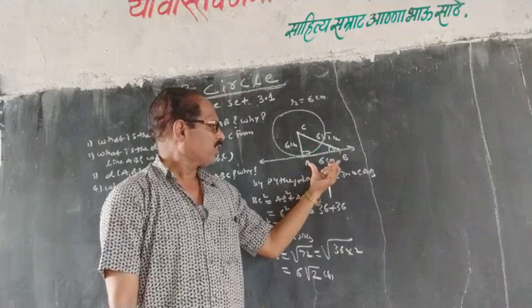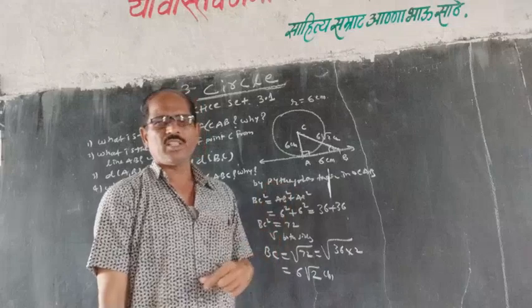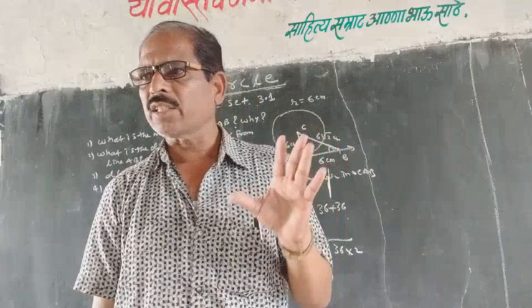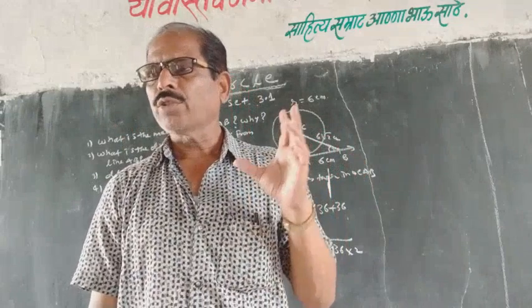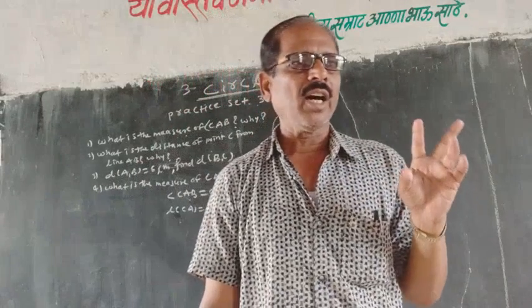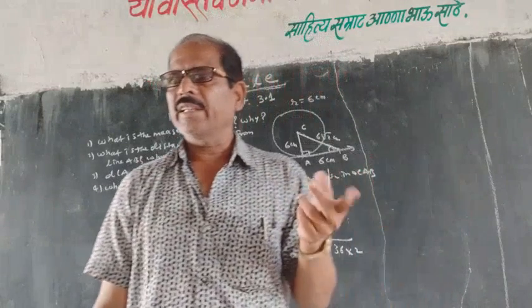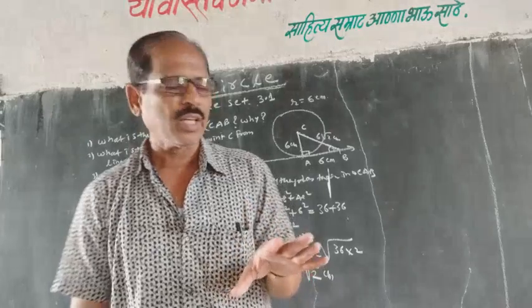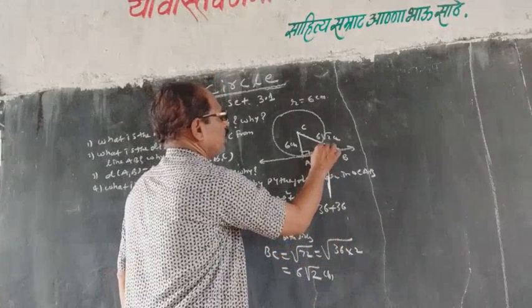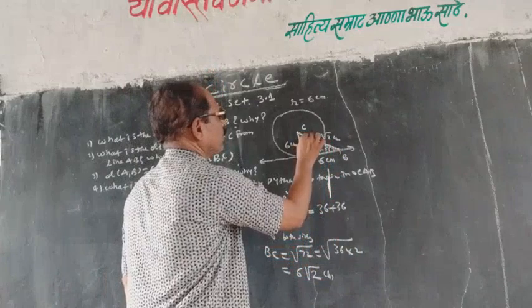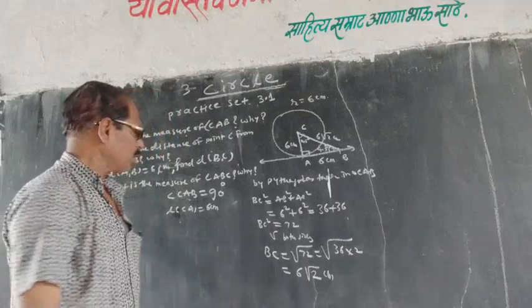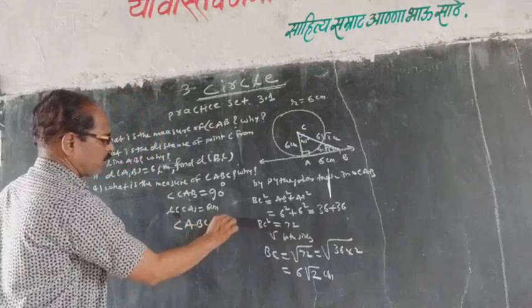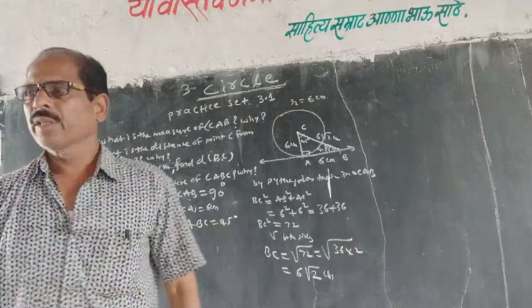The length AB is 6 cm, length AC is 6 cm. So the right angle triangle is an isosceles triangle. In an isosceles triangle, the two sides are congruent, and the angles opposite the congruent sides are also congruent. So this angle is 45 degrees, and the reason is isosceles triangle. So angle ABC is equal to 45 degrees.